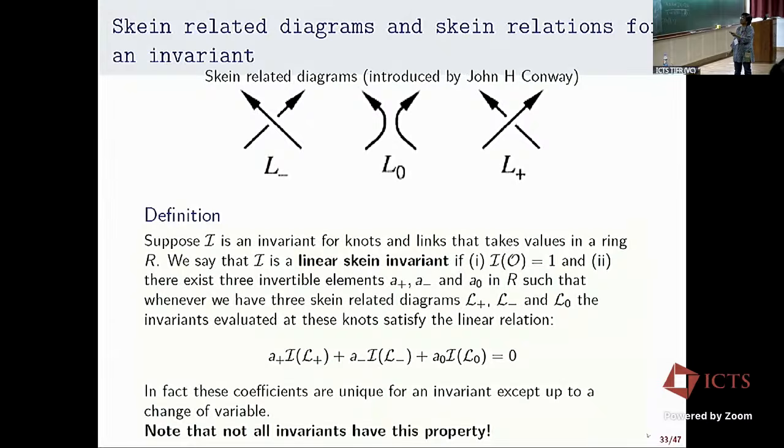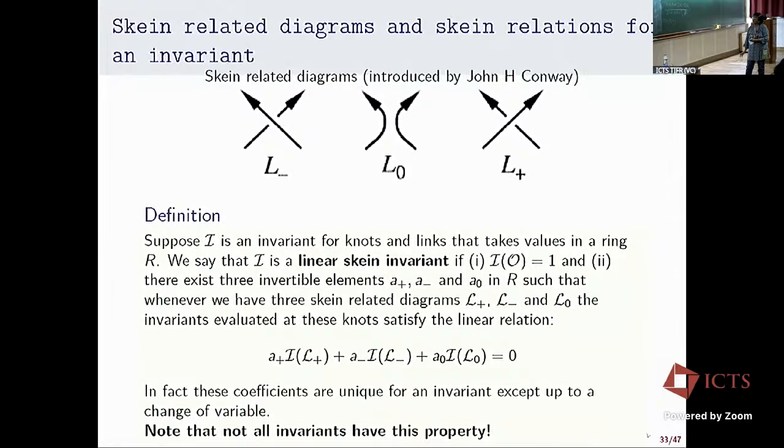Along with that, their value for the unknot is, say, constant 1. Constant 1 is just a convention. I can put constant C. All I want to say is it should be known for the unknot, and it should satisfy this sort of relation. Then such an invariant can be calculated, and that will depend uniquely on these three coefficients.